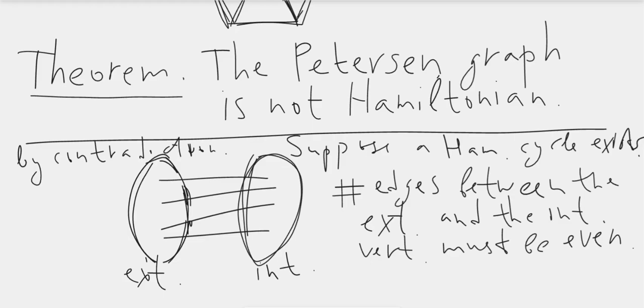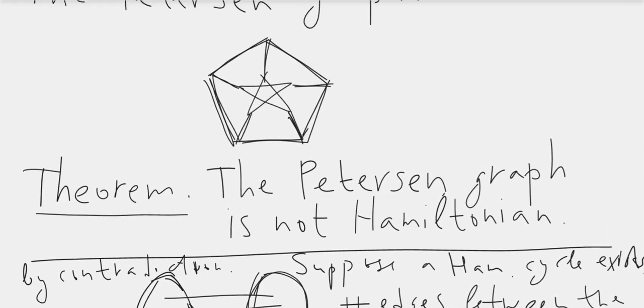Looking at the graph, in total we have 5 of these crossing edges. We call these crossing edges between external and internal. We have 5 of them, and an even number of them must belong to the Hamiltonian cycle.